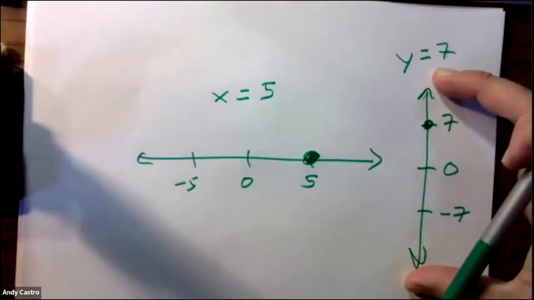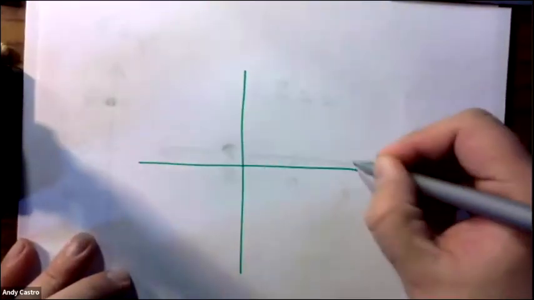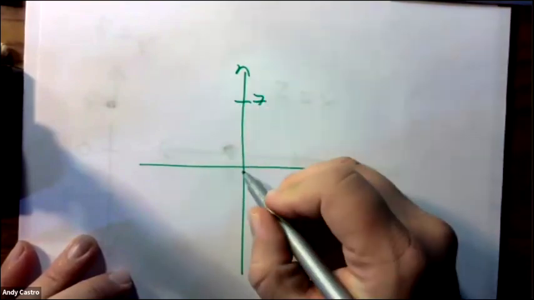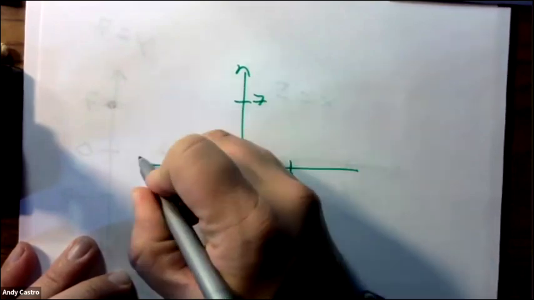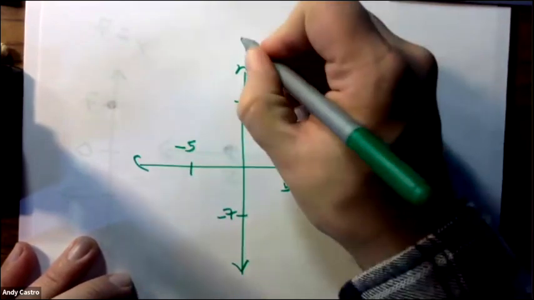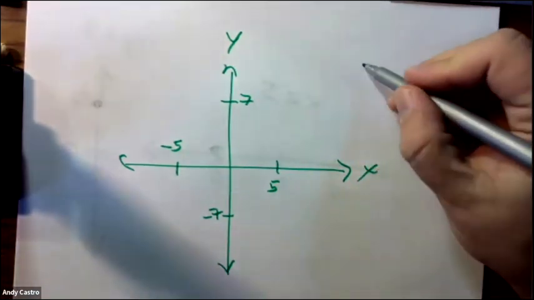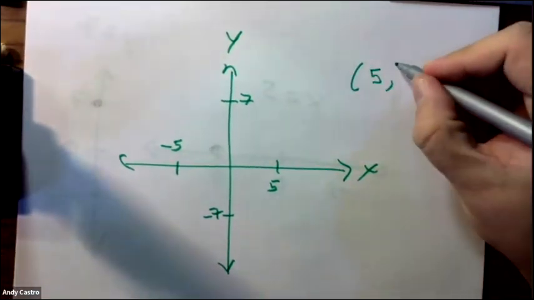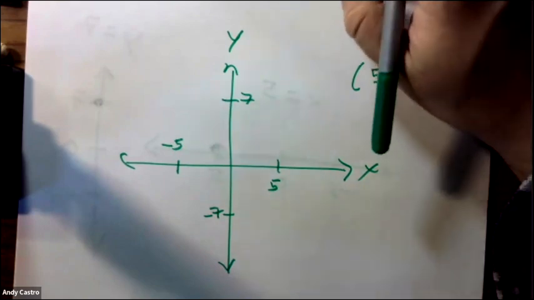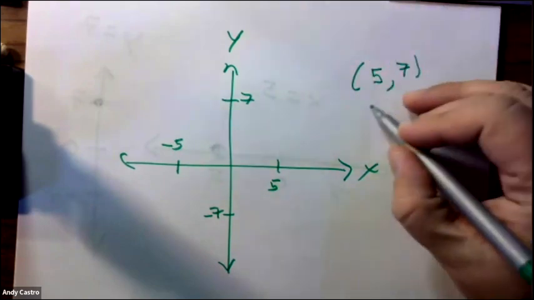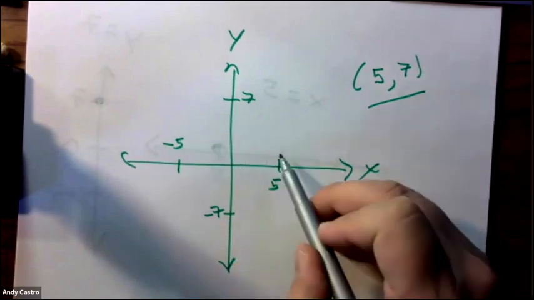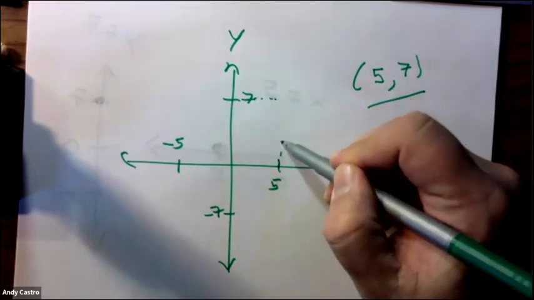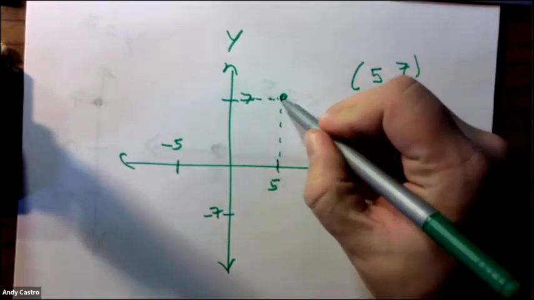Now, when we put this Y-axis with the X-axis, this one's the X, this one's the Y. When you have X is equal to 5 and Y is equal to 7, X, you come out here to the 5, and then Y, you go up to the 7.